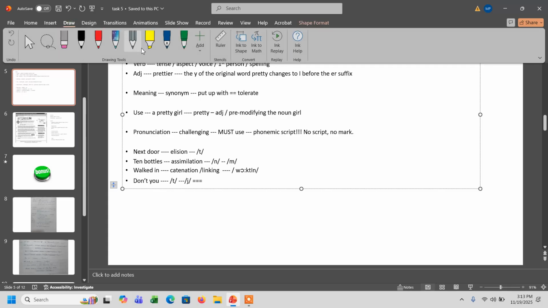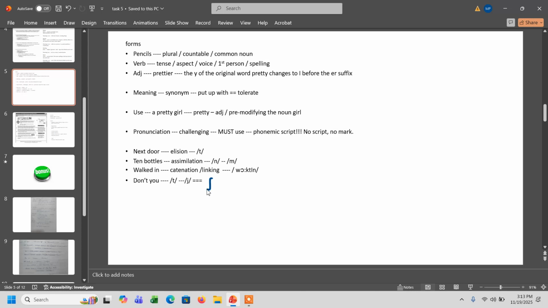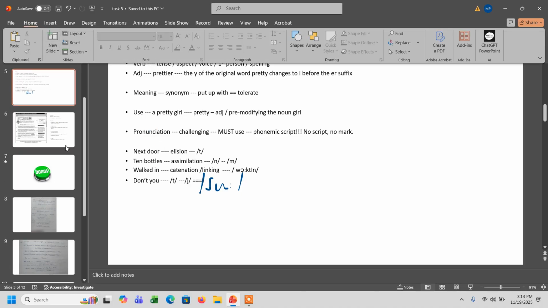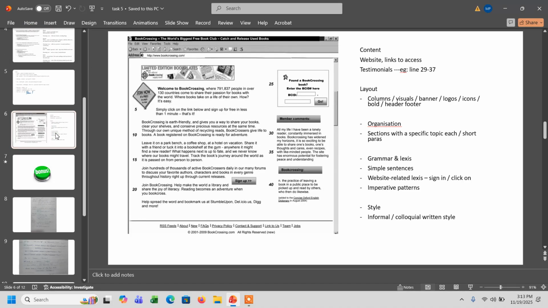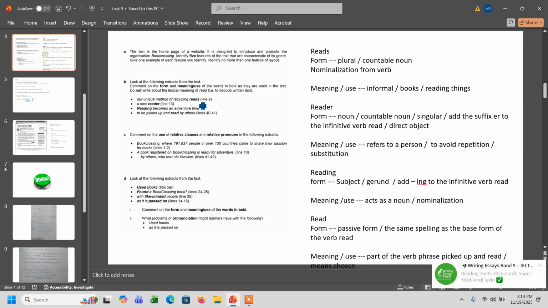Don't you, so it will be like that. Okay, so these are the things you need to be aware of, my friends. Let's move on to another question. Here is talking about relative clauses and relative pronouns.